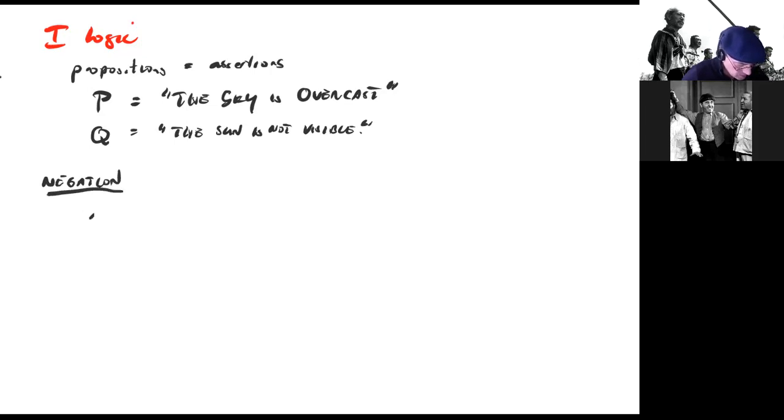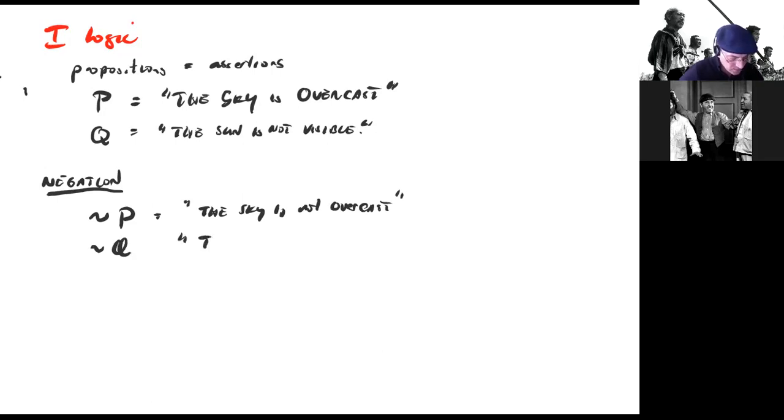It is usually denoted by this squiggle, so not P means the sky is not overcast. Not Q would be the sun is visible, because that's the negation of the sun being not visible.